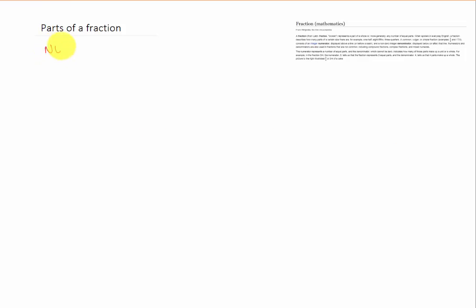Alright, so the numerator, we're enumerating, counting how many parts we're dealing with today. And then the denominator, that is denominate, that means like naming. So that tells us what the size of the equal pieces are.